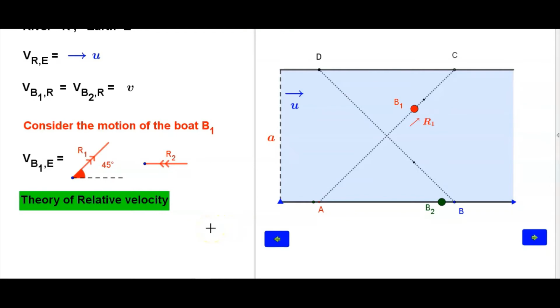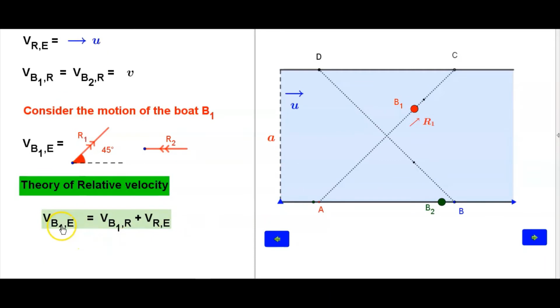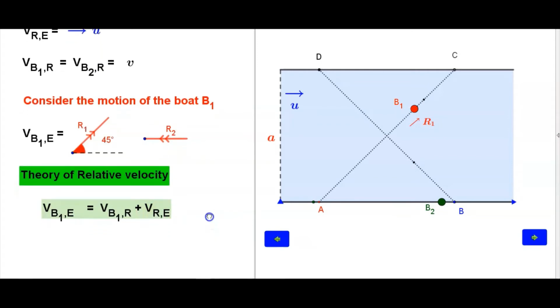By the theory of relativity, velocity of B1E is equal to velocity of B1R plus velocity of RE.